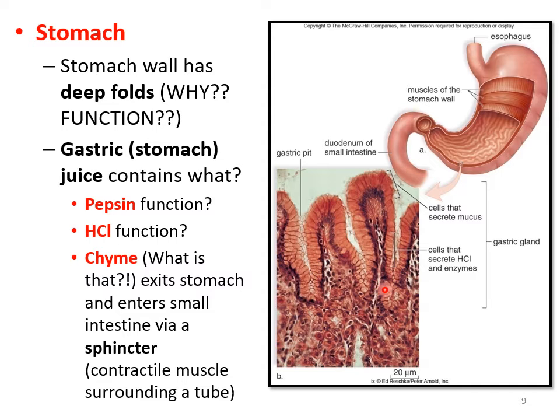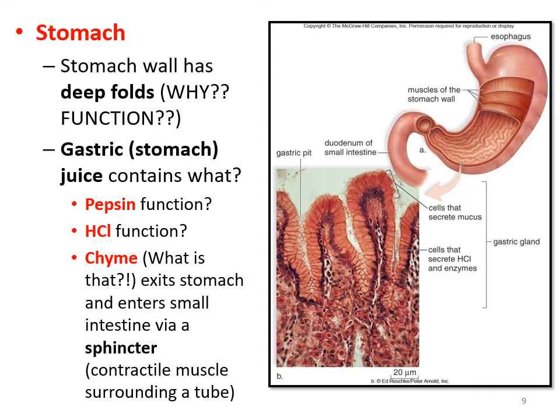That's very important for digestion because these deep folds basically remind us of earlier lessons when we talked about why it's valuable to have a bunch of small cells rather than one big one, or a bunch of small individual fingers, rather than one big hand.